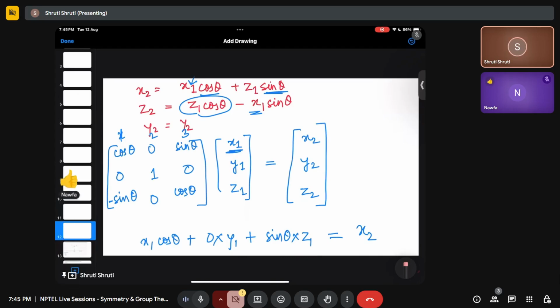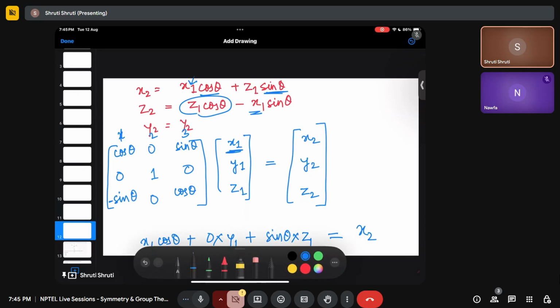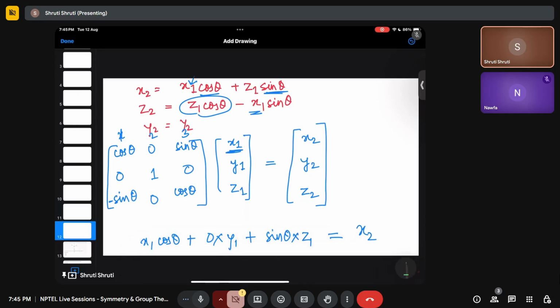Okay. So this is the answer. This is the transformation matrix. Likewise, you can also write a transformation matrix along the y-axis. Sorry, along the x-axis.